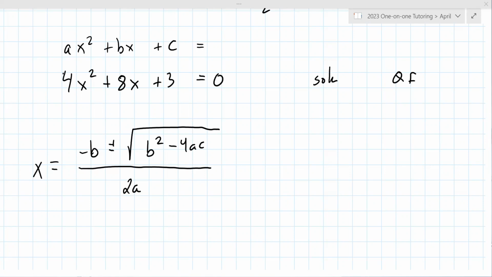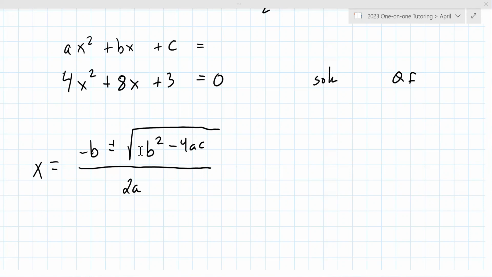And then -8 plus or minus 64 times -3072.